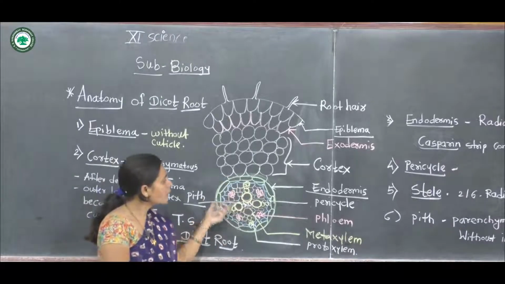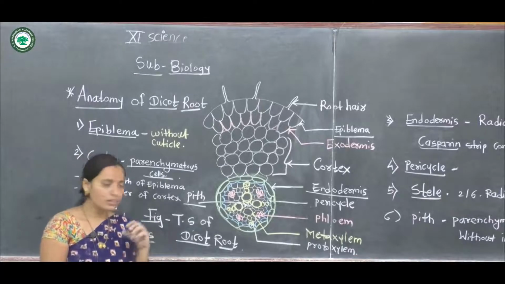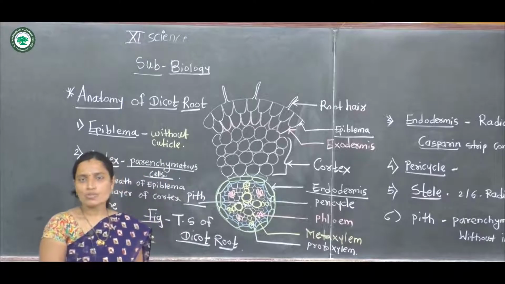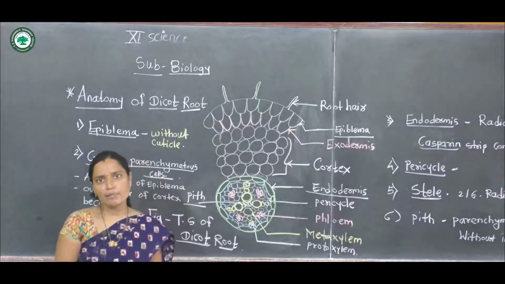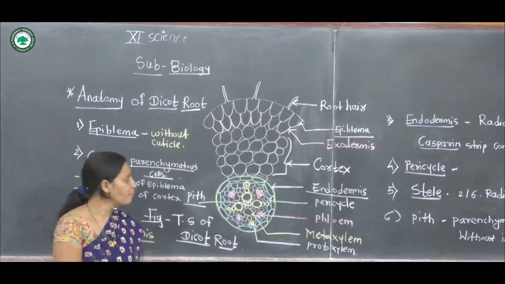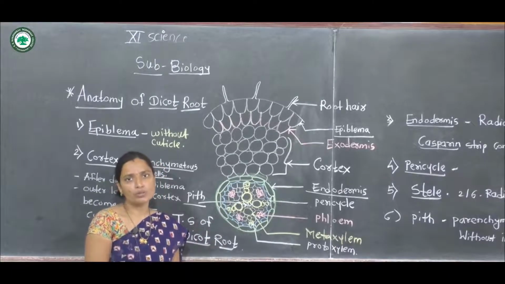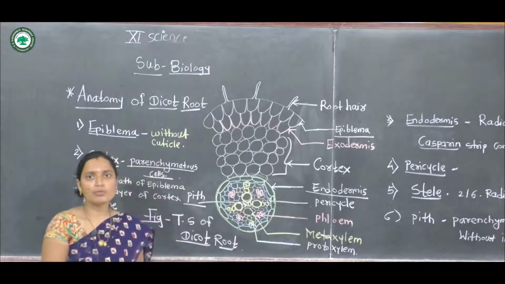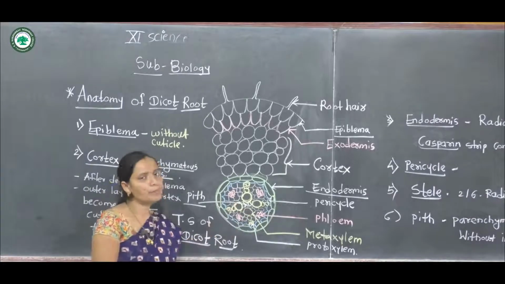Below this endodermis, the single-layer structure is the pericycle, and the innermost layer, inside the pericycle, has the patches of vascular bundles, called the stele. These vascular bundles, the xylem and phloem, arise in the center and are arranged alternately and radially inside the roots, and there are metaxylem and protoxylem, and also phloem, and the central pith.